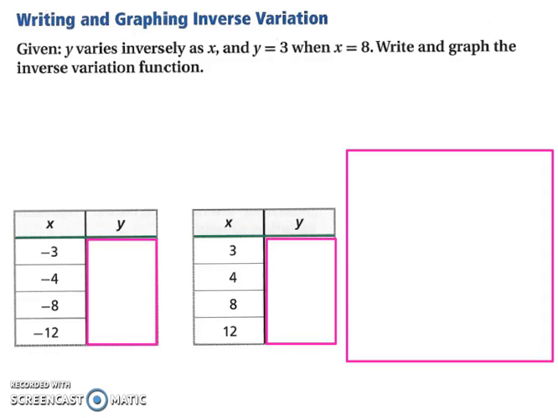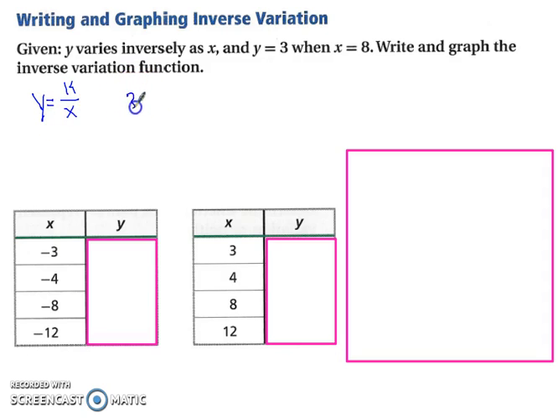Alright, so we're given that y varies inversely as x, and y equals 3 when x equals 8. So we're going to write and graph the inverse variation function. So remember, inverse is y equals k divided by x. So we want to find our value of k.